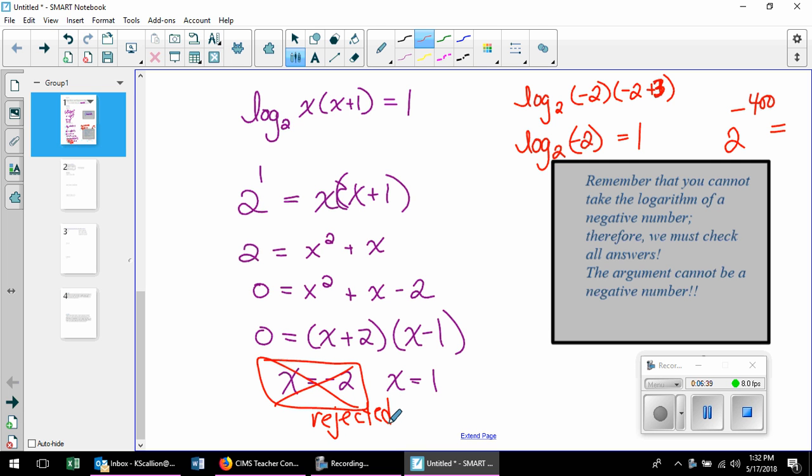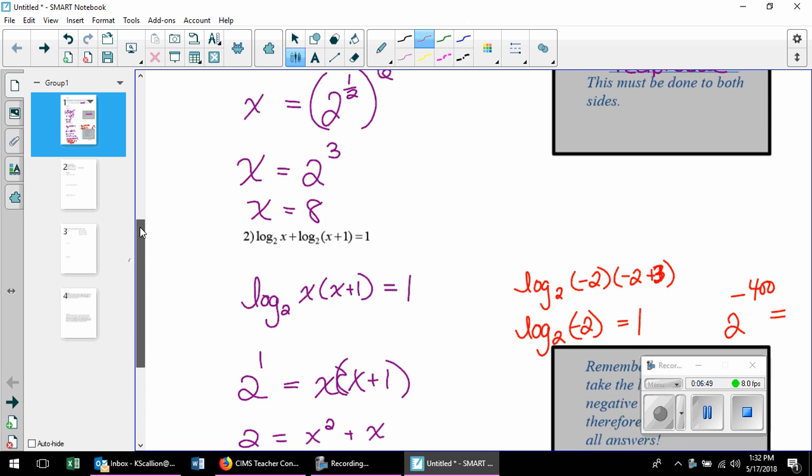And also my little blurb on the side: arguments can never be a negative number. To back it up even further, let's look at the original piece here. Kevin, this is for you. If x was -2, what exponent would we put on the base of 2 that would give me -2?